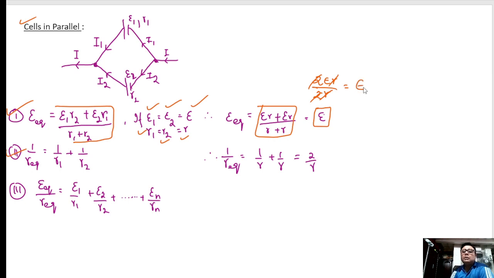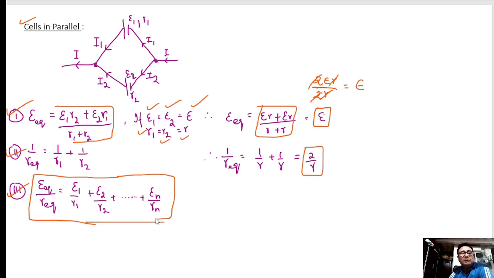So the net equivalent EMF will be E, and net equivalent resistance will be 1 by R plus 1 by R, which is R by 2. Clear? And please remember, this relation is very important. E equivalent by R equivalent will be E1 by R1 plus E2 by R2, and this continues. Clear?